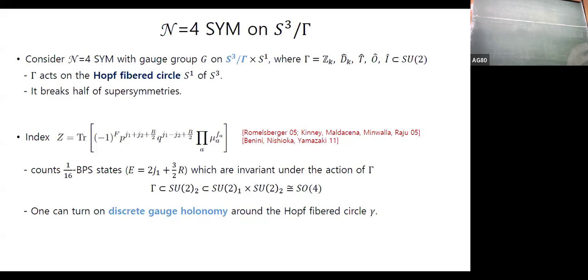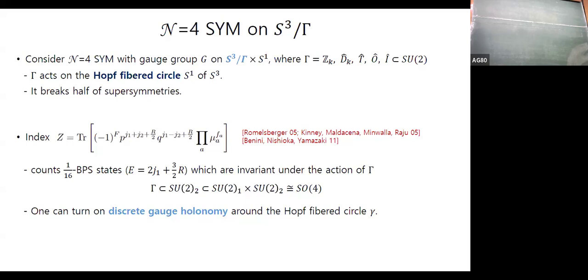So let me be more concrete by defining the index. Basically, we want to define the index on this orbifold sphere. This is nothing but the index I introduced earlier in the talks. And the orbifold gamma will act as follows.